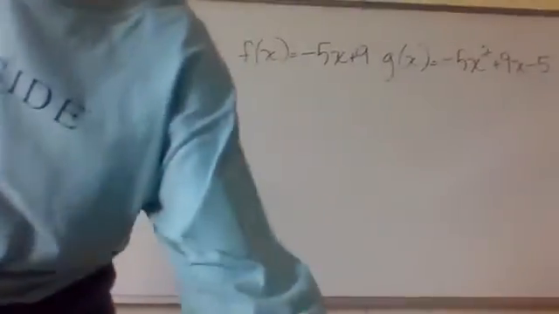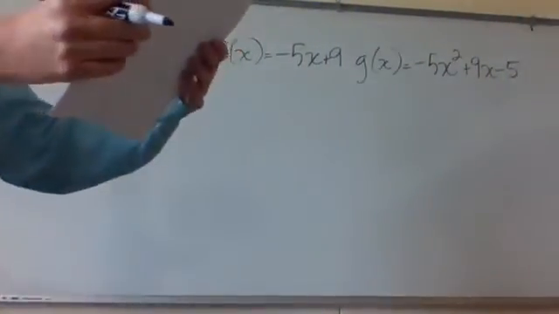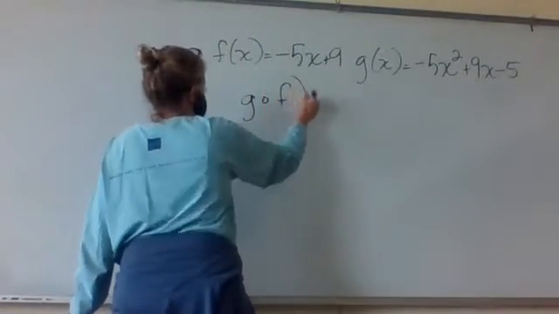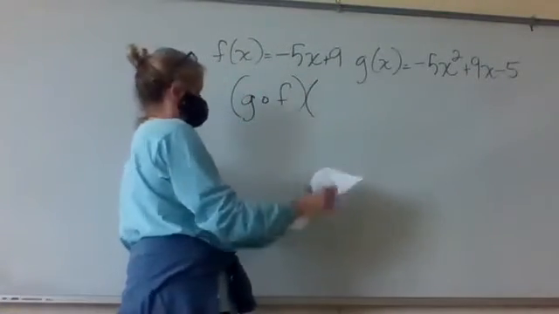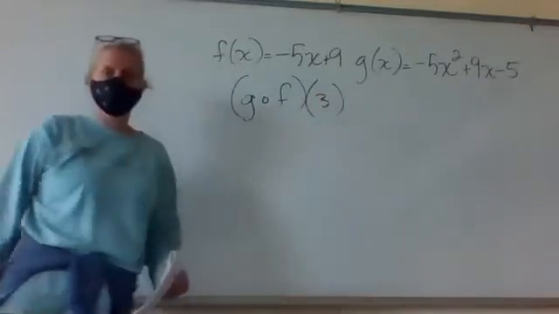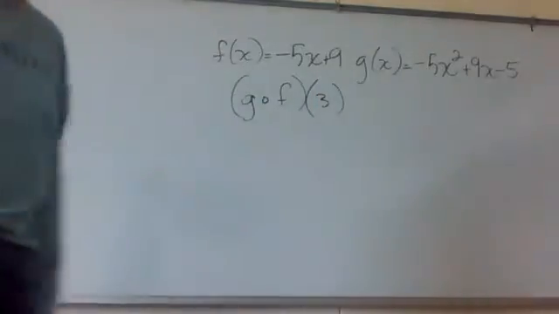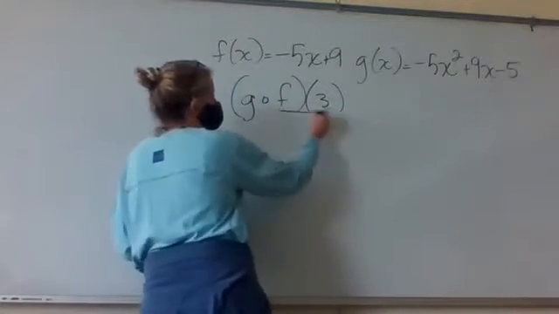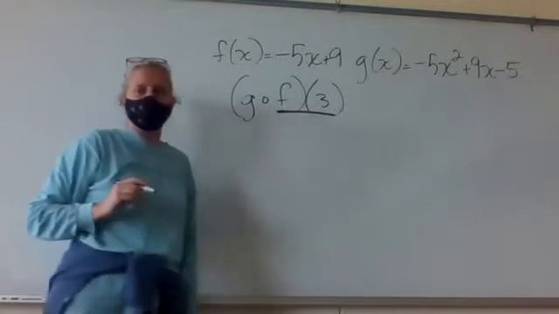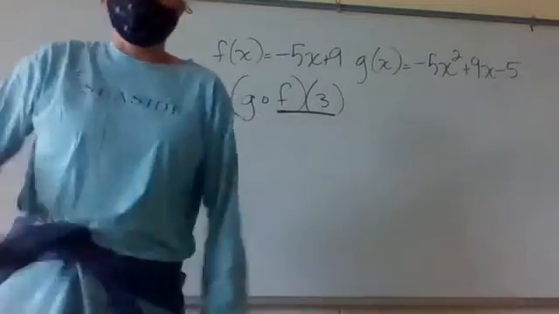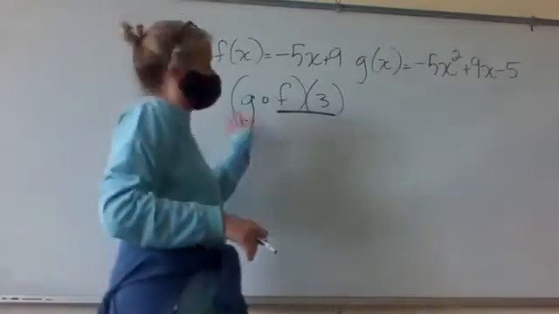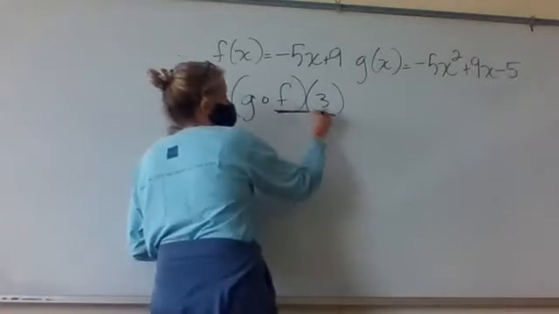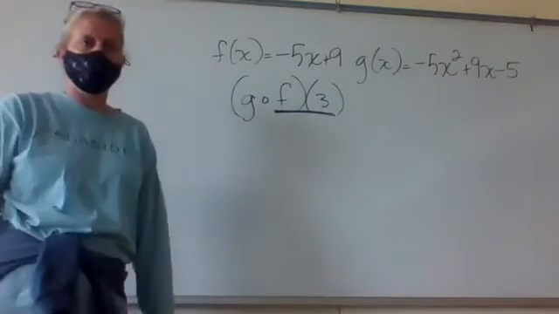And we are finding the function value for g of f of 3. So this was a composition of two functions. When you have a composition of two different functions, finding the function value, you always find what's in that position first. Okay? Because sometimes it'll say g of f, sometimes it'll say f of g. It doesn't matter. You always find what is in this front position first.